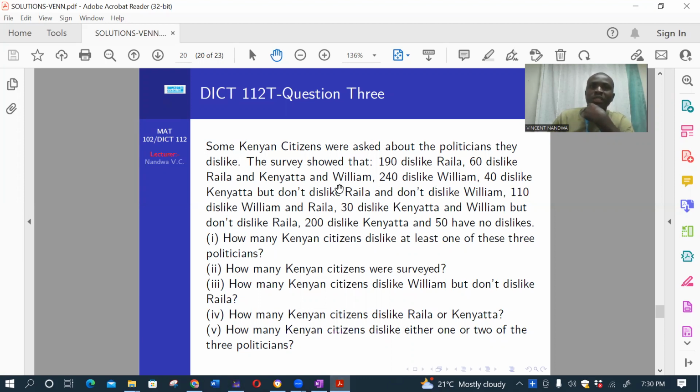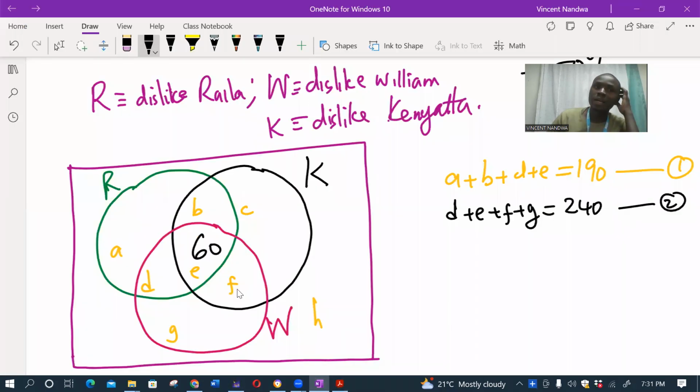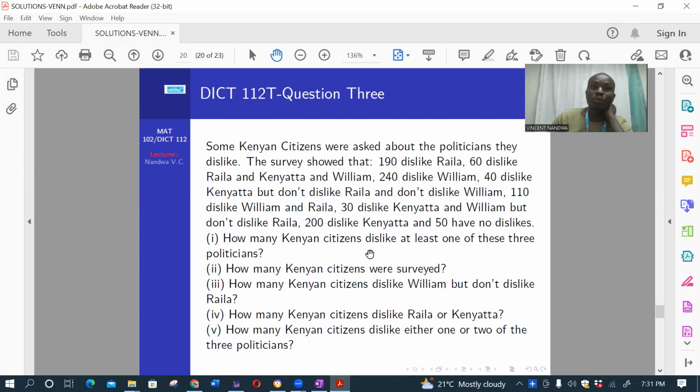So we should be in the K set, but the position should not involve the set R and the set W. So to be in K, this black circle, where you will not be counted to be in R or W, is at C. So C is where we put the value 40.